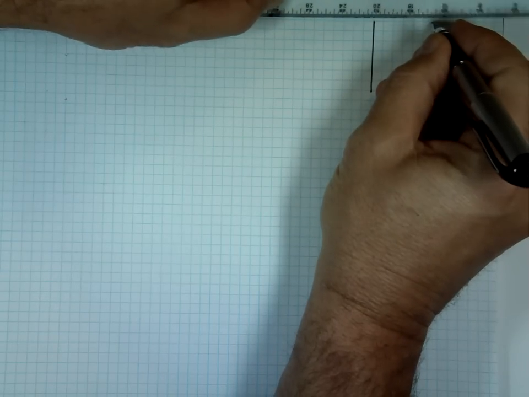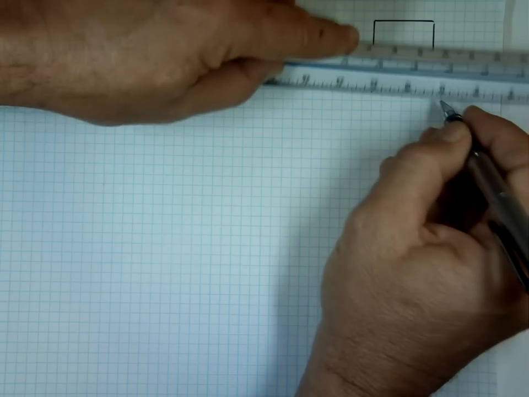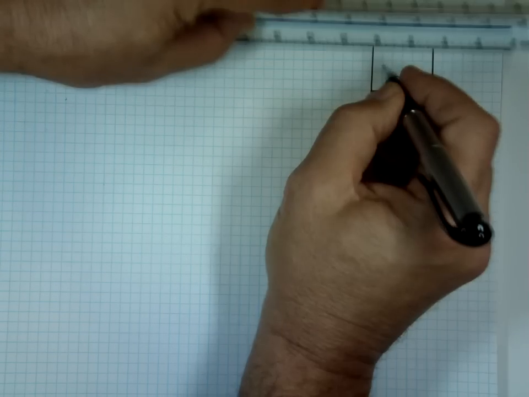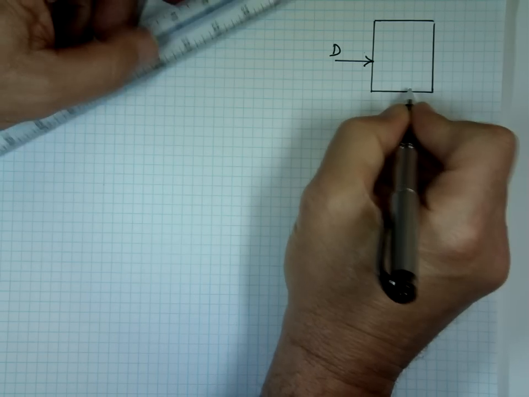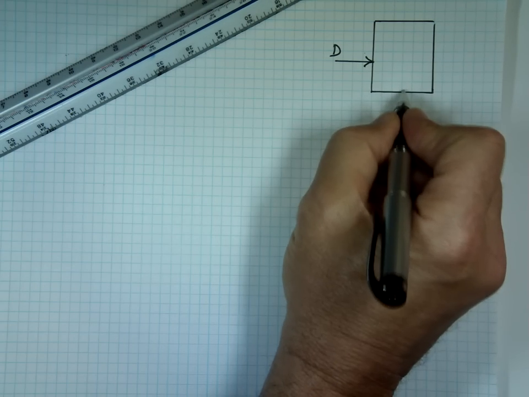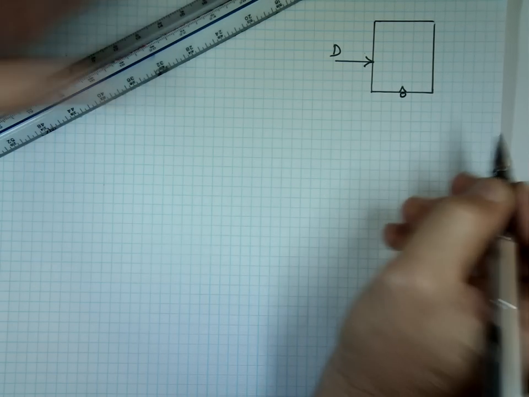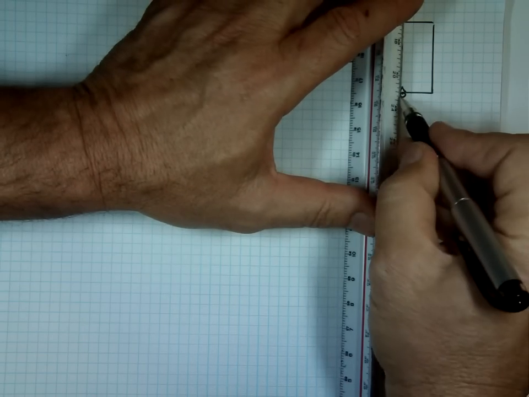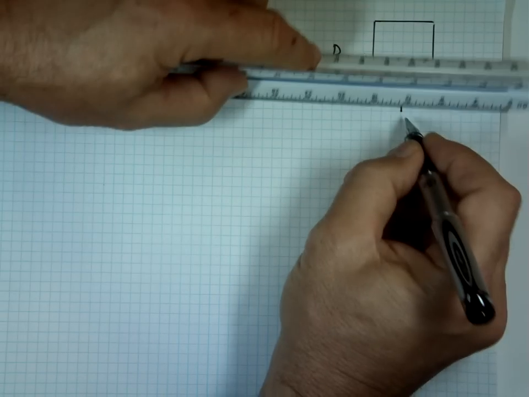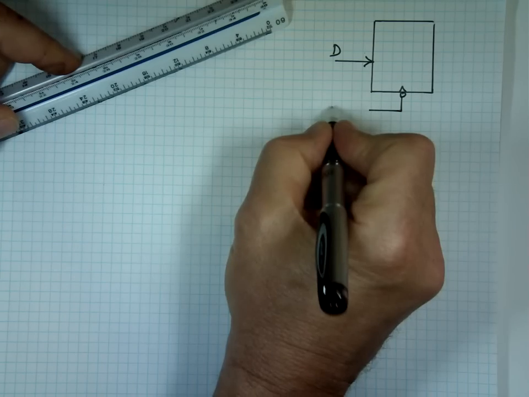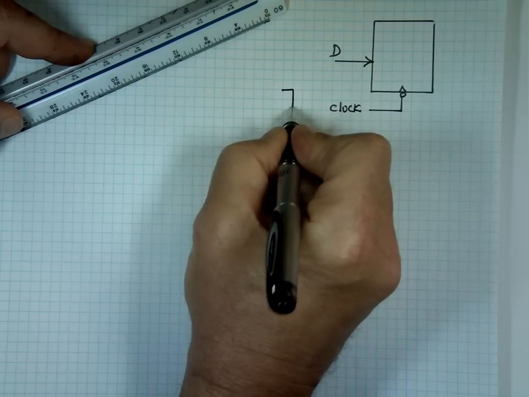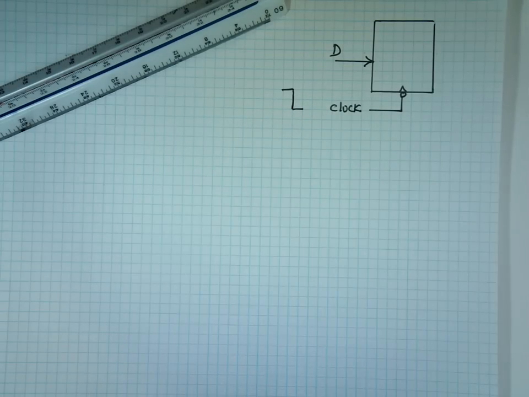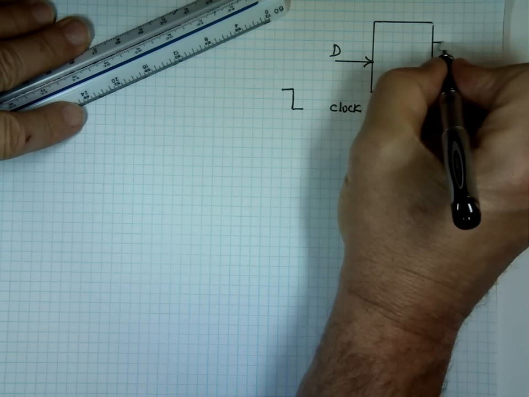So there's my D flip-flop. Here's my clock. See the bubble here? That means on the falling edge. So as the clock goes from high to low, that's when we pay attention to it. So it has two outputs, that's Q and Q not.